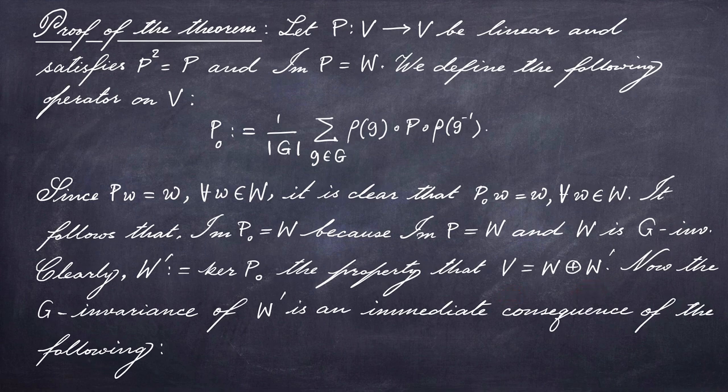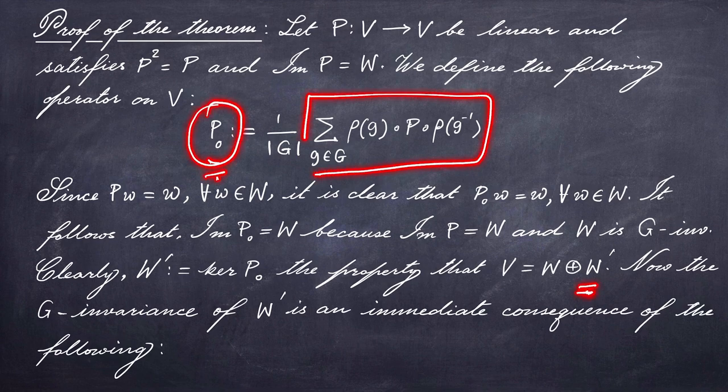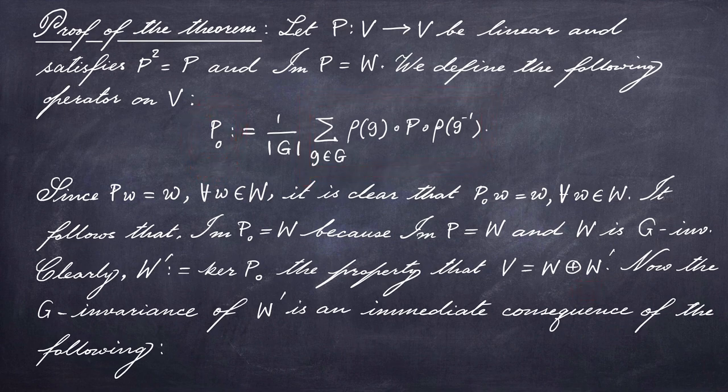Now we come to the final stage, where we have to show that this W prime is G invariant under G, and that will be just straightforward, because the way this P naught is defined takes care of all the conjugations. Since we have taken the sum, P naught is invariant under any conjugation.